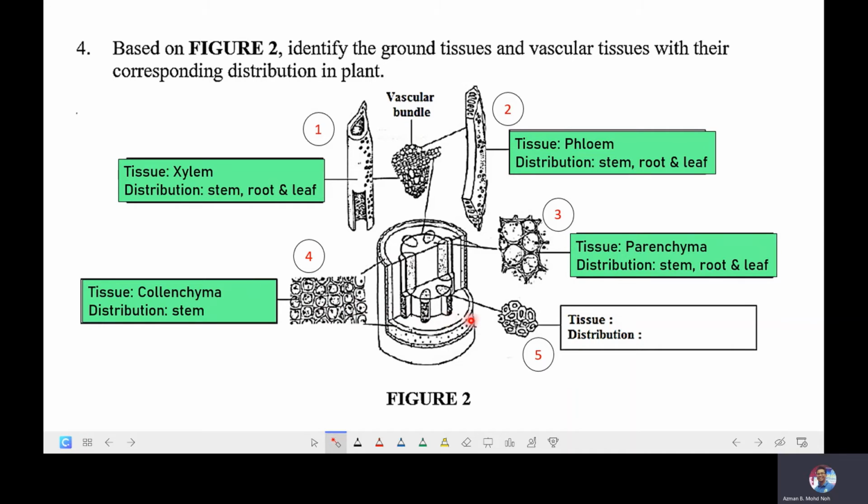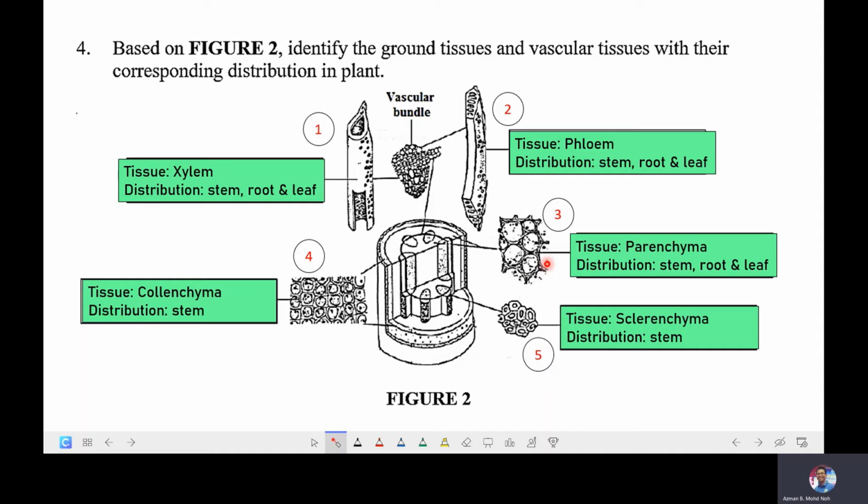Meanwhile, somewhere at the vascular bundle will be another type of tissue, the sclerenchyma. And we can see the difference from this particular diagram, between the parenchyma, the collenchyma, and sclerenchyma.